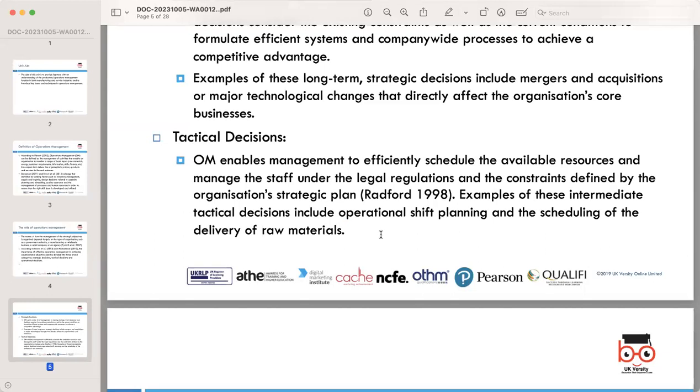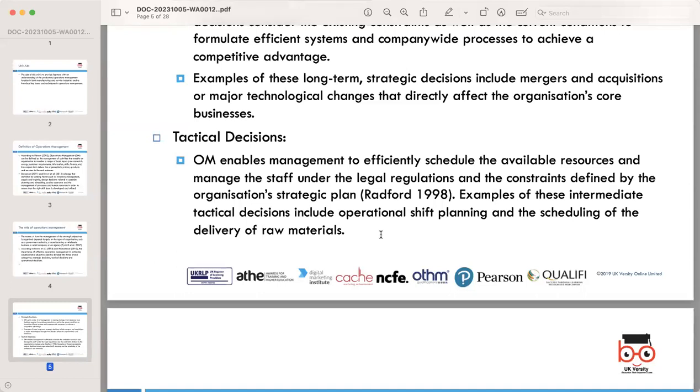So operational, in terms of tactical decisions, operational management serves as the facilitator of efficiently coordinating available resources and overseeing the workforce, all within the legal framework and constraints delineated by the organization's strategic plan.